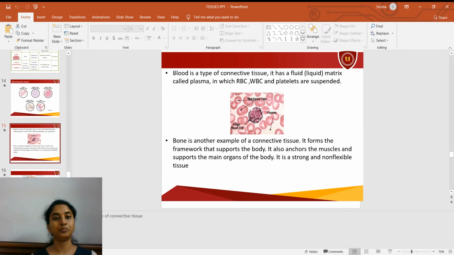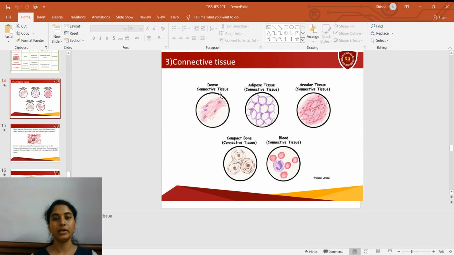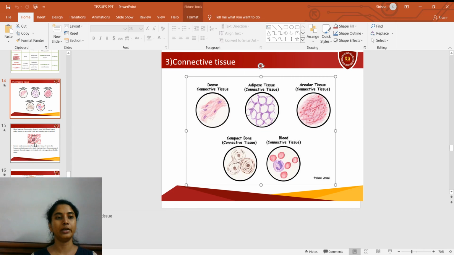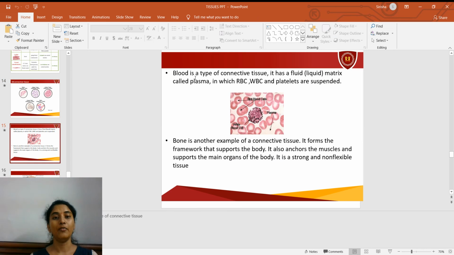Next comes the connective tissues. As I said, there are different types of connective tissues: blood, bones, adipose tissue, areolar tissue, and the dense connective tissues. First, we shall see blood, which is a type of connective tissue. It has a liquid matrix.